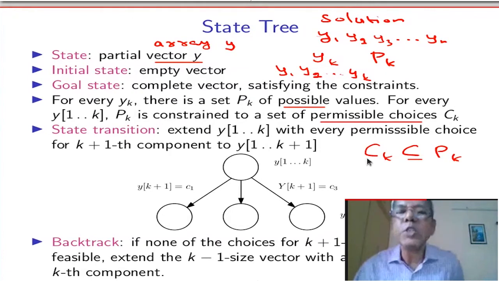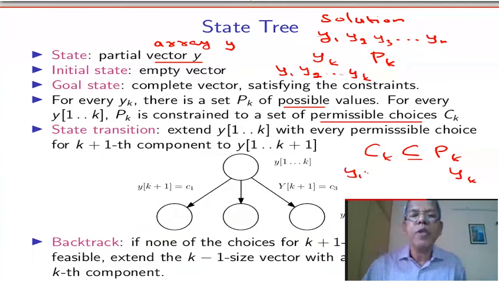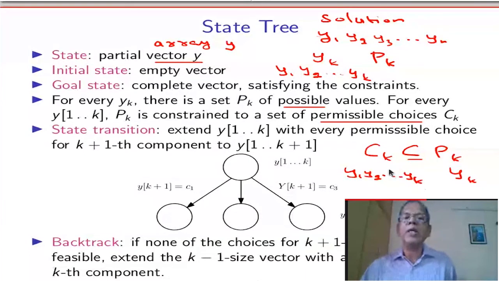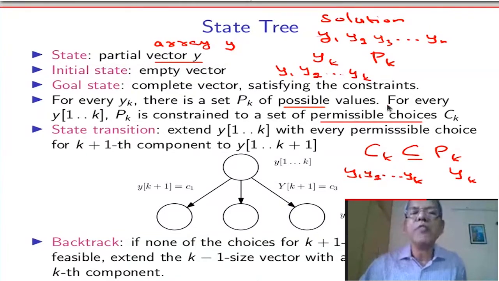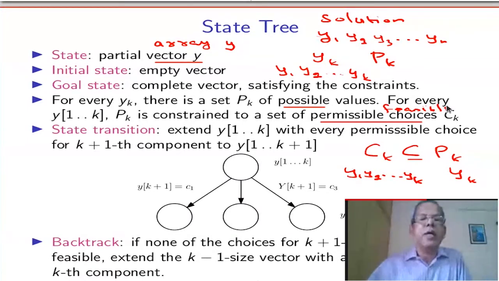How do I distinguish between pk and ck? pk is a set of all possible values for yk, but when you take a partial solution together, some of the values which were formerly possible are no longer possible. Okay, I call them permissible or feasible. I have some dilemma about the terminology.